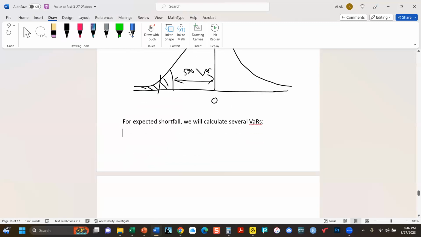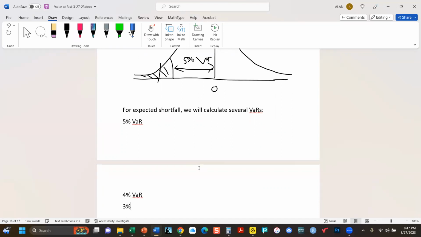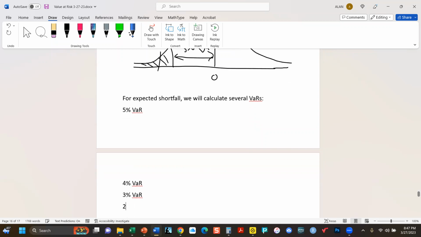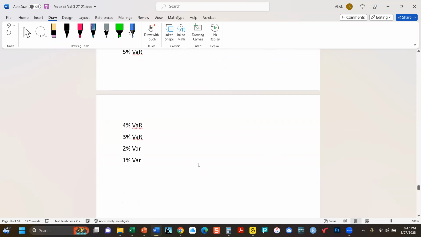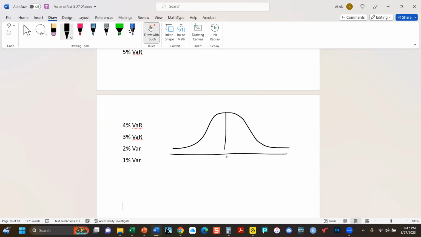You could have, for example, 5% VAR, and then the next one would actually be 4% VAR. You should be looking at the left 4% tail, and then 3% VAR, and then 2% VAR and 1% VAR. So you're slicing up the left tail basically. And then you're averaging them out.